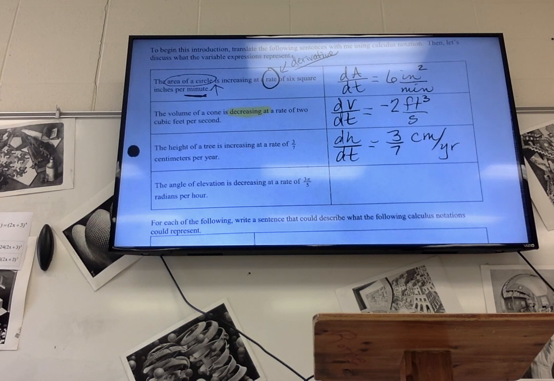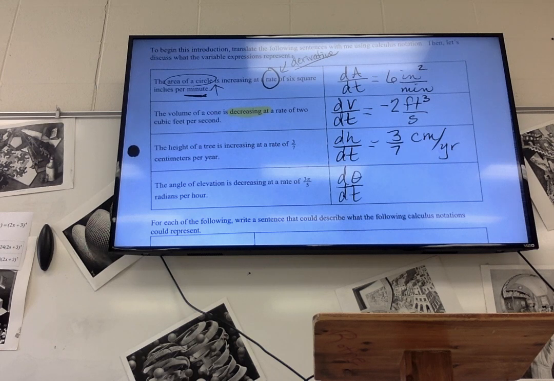Somebody else, the angle of elevation. Would you do d and then like the sign for an angle? Yeah, I would do theta. Oh, I didn't do that. Okay, you just did like that. Yeah, that's fine too. d theta dt. So the reason why theta, because we have a name for that. Usually, anytime we see angle, we use theta. Don't have to.